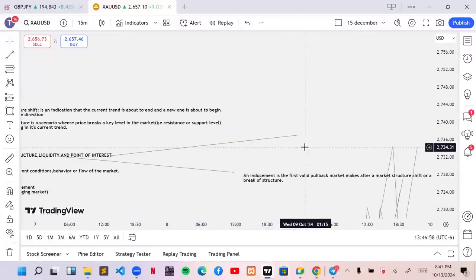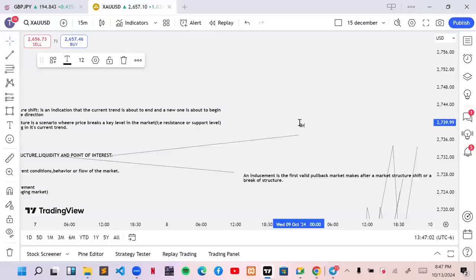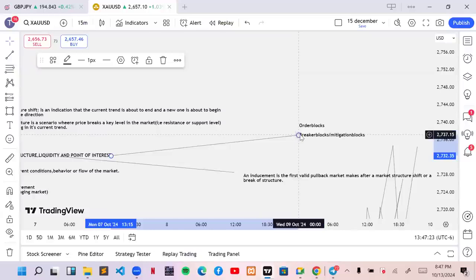So I make use of 2 points of interest. I make use of the order blocks and the breaker blocks. So these are my 2 points of interest, my order blocks, and then my breaker blocks, slash mitigation blocks.